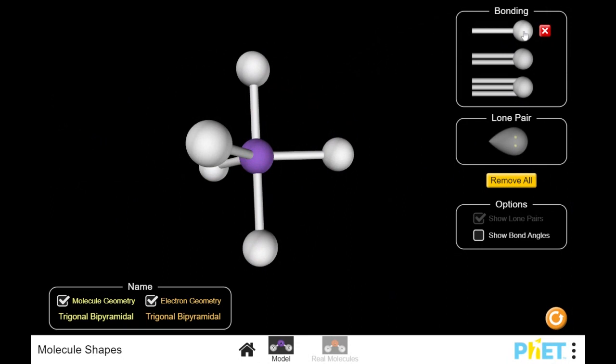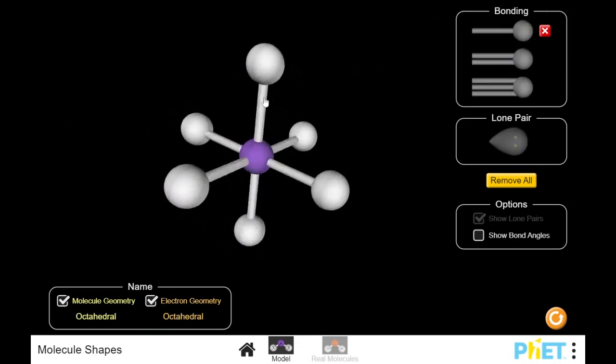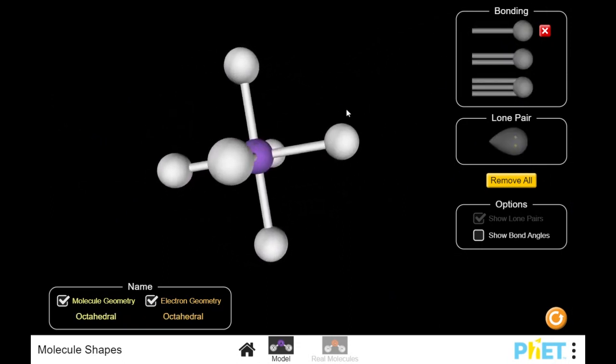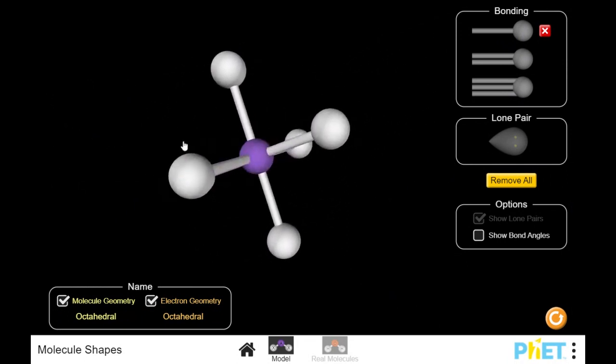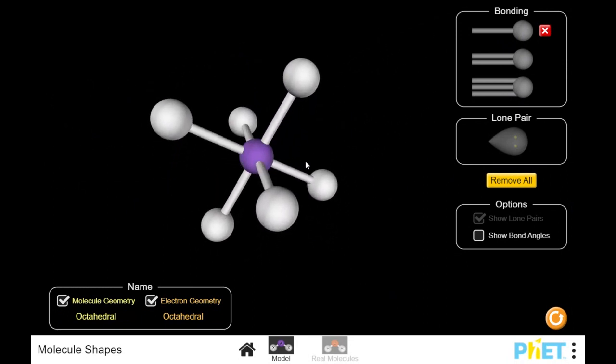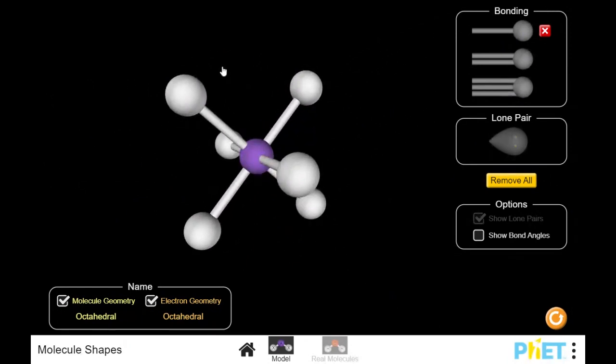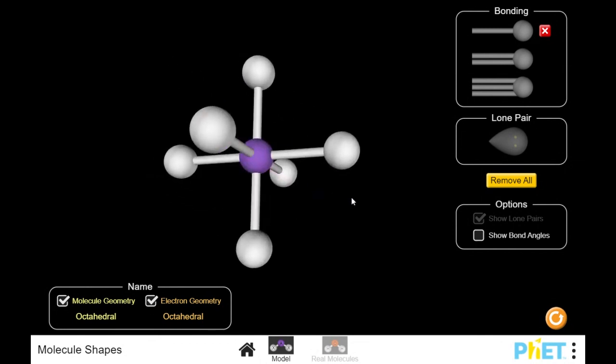And then I can add another one. This is octahedral. Octahedral, it's 6 objects, but 8 faces. And the 2 big geometries in chemistry are tetrahedral, it's on the board, and octahedral.